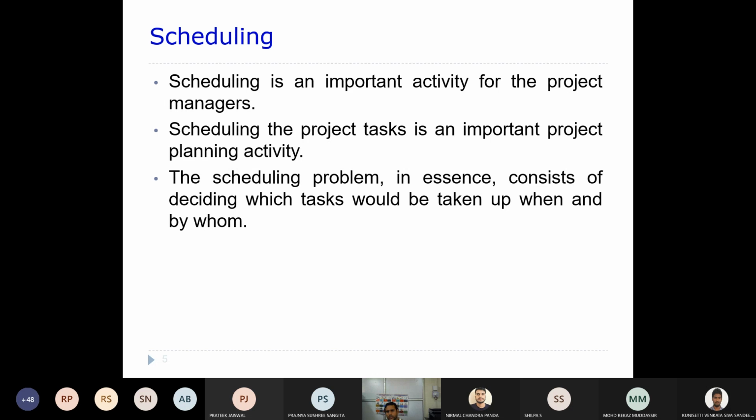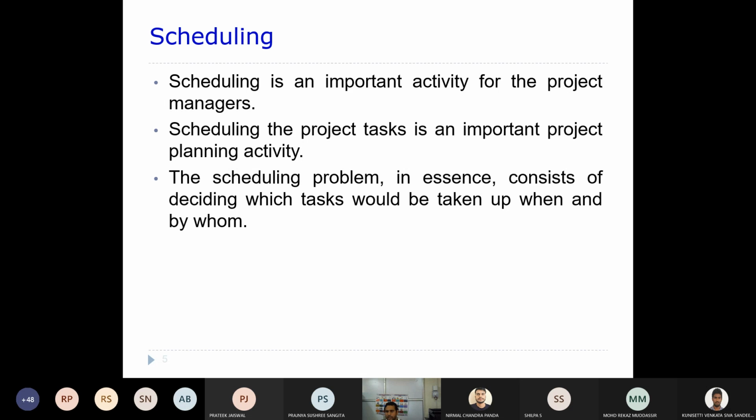They need to find out the different tasks of a particular activity, and then these tasks should be given deadlines: by this month this task should be finished, by the next month the other task should be finished. Once this scheduling is done, accordingly you can plan the resources also, whatever resources you want for that particular task.